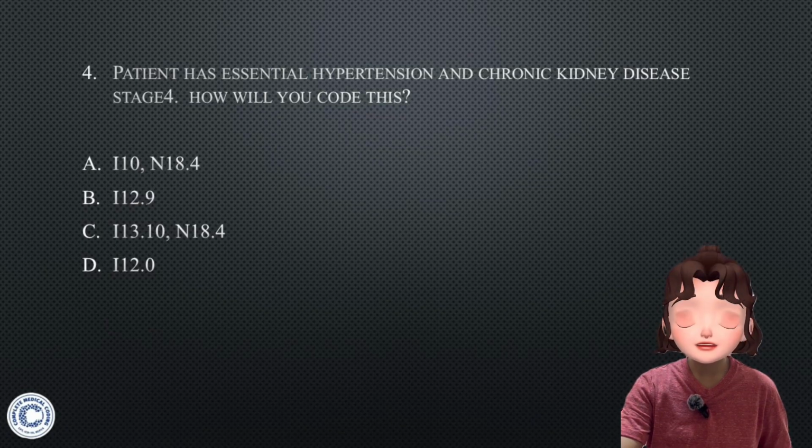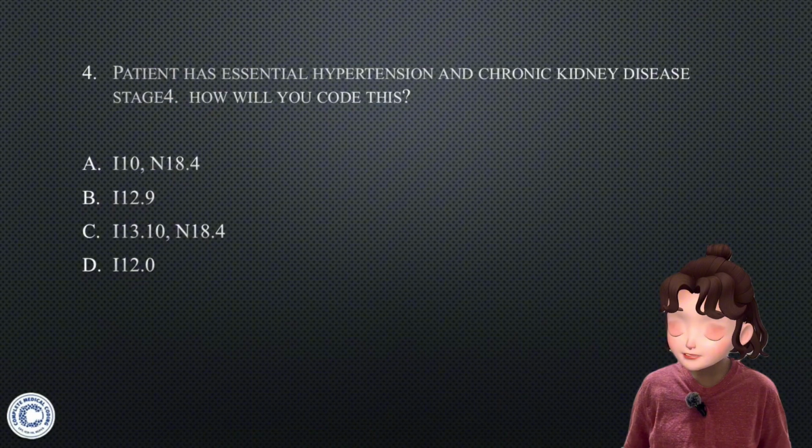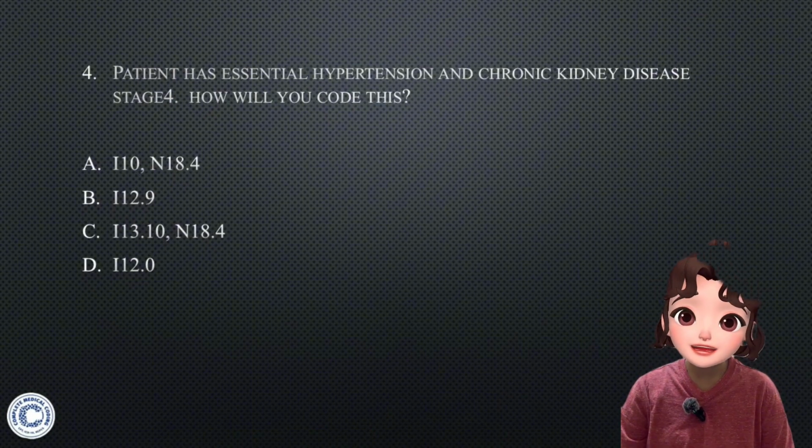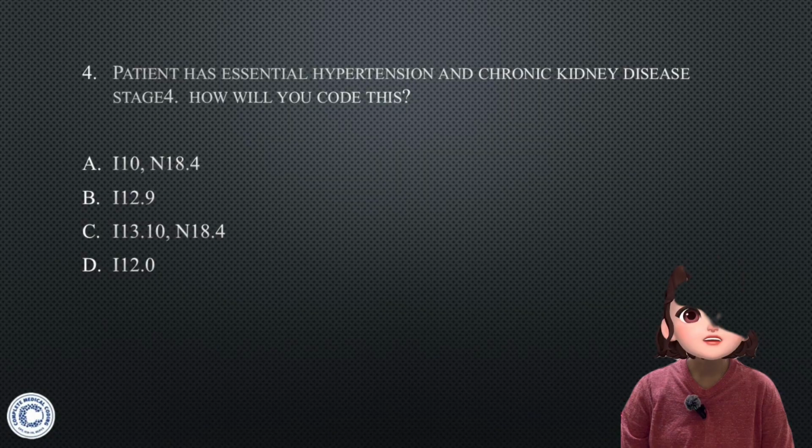I12.9. What is I12.9? I12.9 is hypertensive chronic kidney disease. Hypertensive chronic kidney disease with stage 1 through stage 4 chronic kidney disease.